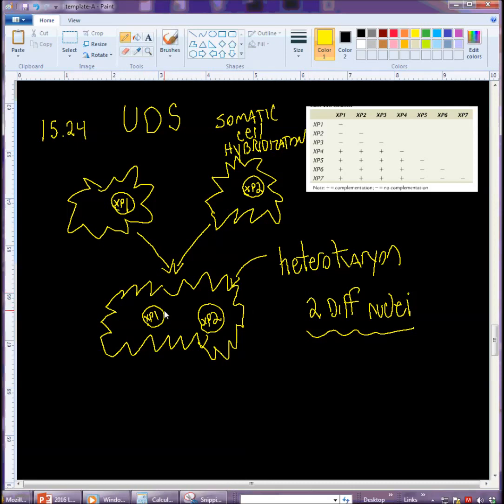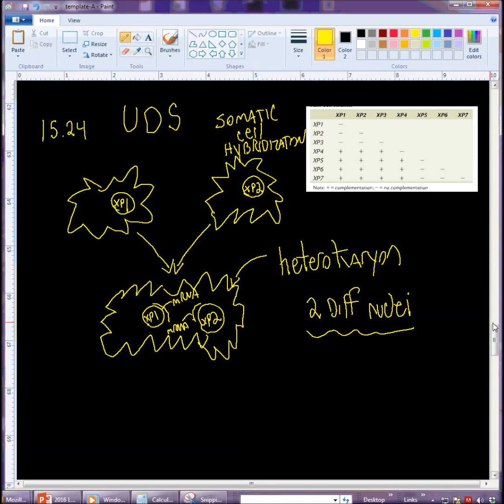One of the things we should point out is that we have a set of chromosomes in here from the XP1 patient, and a set of chromosomes in here from the XP2 patient. These can make messenger RNAs from all of the genes in there, and these can make messenger RNAs from there, and then the proteins from genes in both nuclei are going to be made in the cytoplasm and shared by the whole cell. So you have 2 nuclei working together to make the proteins for the cell. That's pretty neat, right?